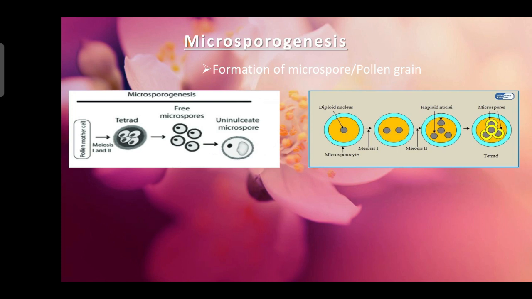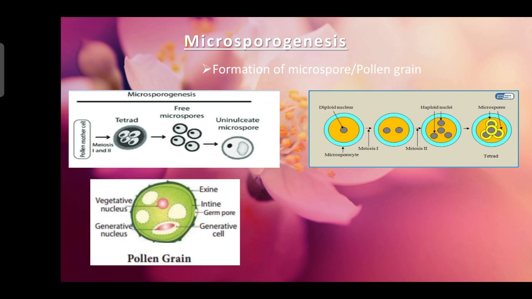This compact cluster of microspores is called a microspore tetrad. Again, in the steps, the pollen mother cell undergoes 2 meiotic divisions to produce 4 haploid daughter microspores. These 4 microspores are held together in a cluster, and this cluster of microspores is called a microspore tetrad.